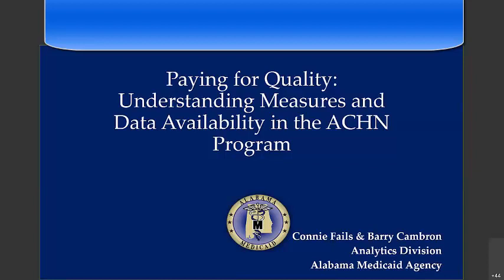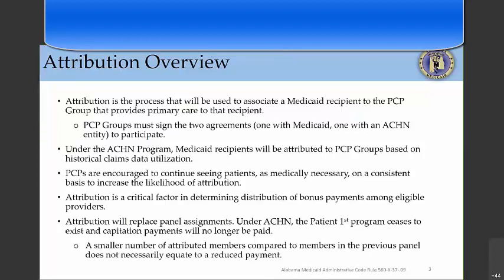This is a reminder of the methodology of attribution that many have seen before. We will walk through the importance as it relates to quality measures. Attribution is the process that will be used to associate a Medicaid recipient to the PCP group that provides primary care to that recipient.